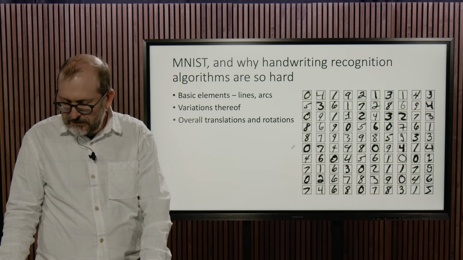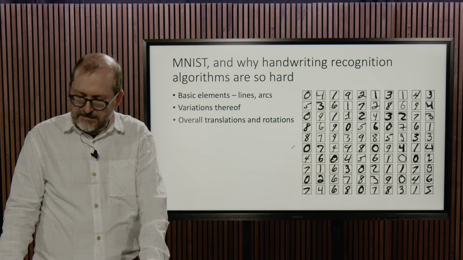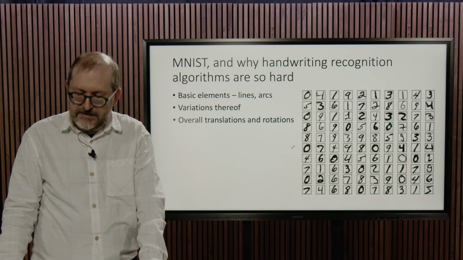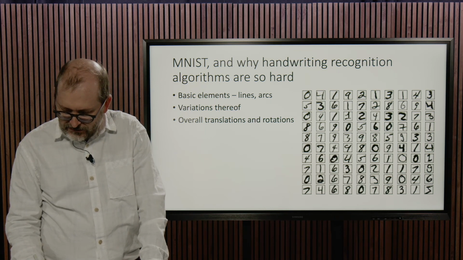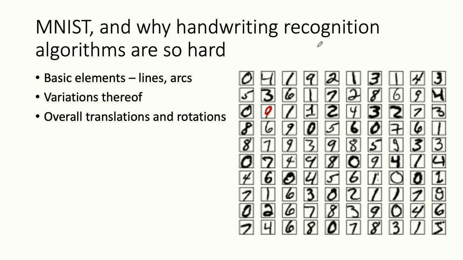Just look at how people can write 9s or 7s. What's the difference between a 9 and a 7? You might say, oh, a 9 has a closed circle. But how many people don't write 9 like this? How many people don't write a 7 like that? So it can be quite difficult.